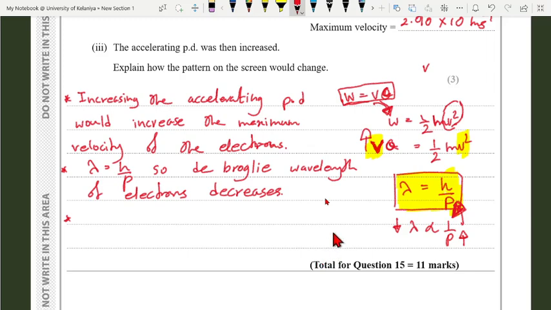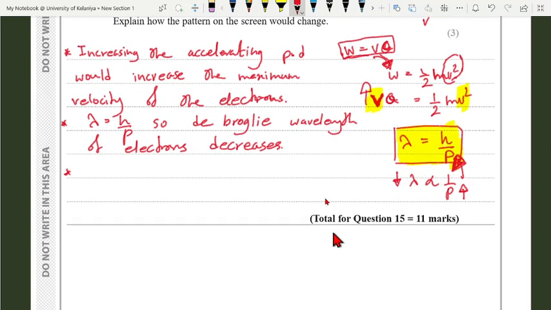Here I told you the graphite acts as a kind of diffraction grating. I hope you remember the equation for that one: lambda equals d sine theta, but in the actual case it should be 2, what we call Bragg's law, but it is not in the syllabus, so you don't need to worry about this 2. Just look at it the way we have in our syllabus.